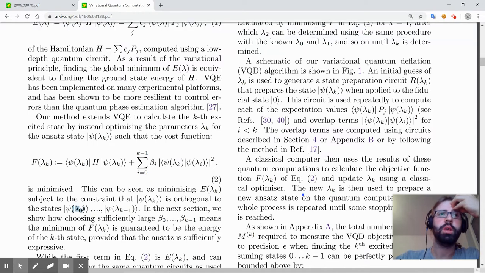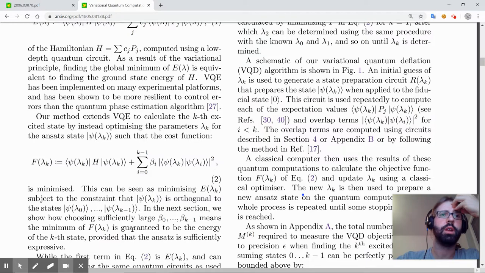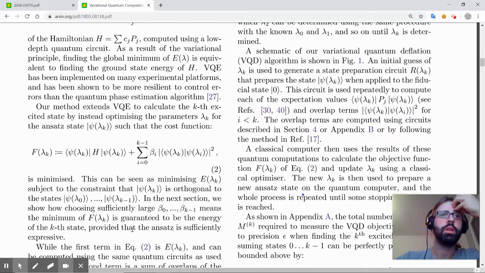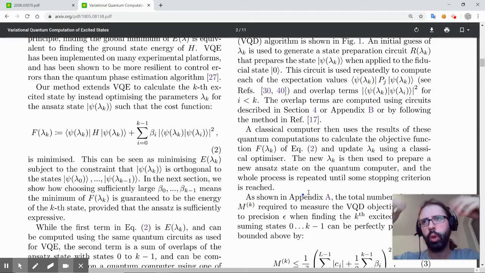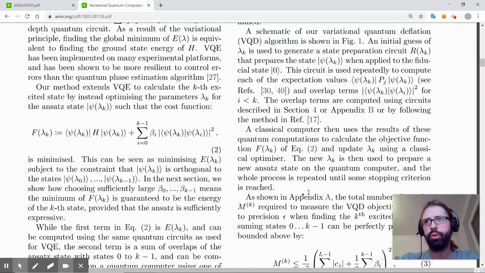So lambda 0 would be, then actually we show how choosing beta sufficiently large means the minimum of Fk is going to correspond to the energy of the kth state. So does this mean that you first find the lowest energy and then you find an orthogonal one? So you're kind of finding the next one, and then you do this over and over again. That would be cool. That is a genius idea.